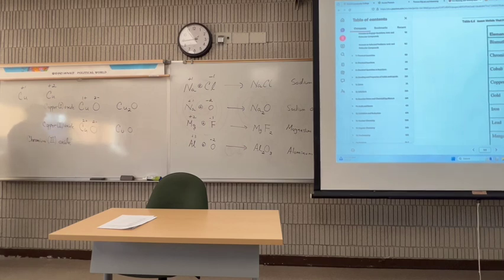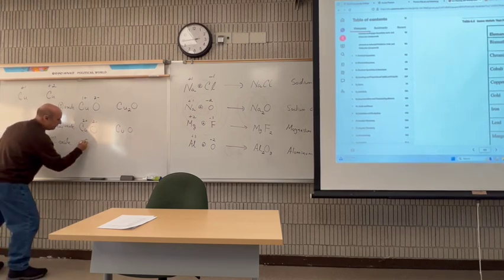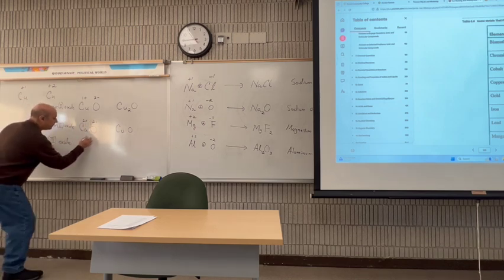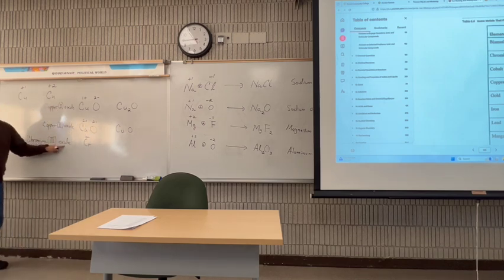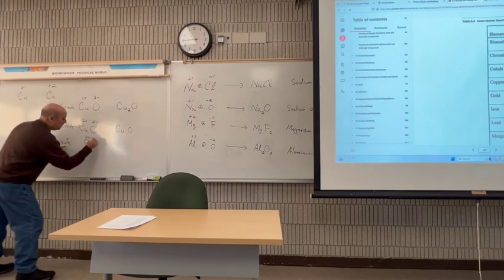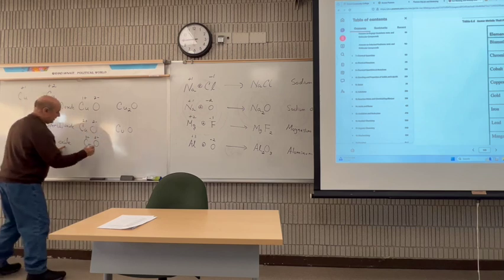Well, let's do it together. Symbol for the first one, Cr. Just look at the periodic table. The charge on that first one, 3+. Oxide is always 2-. Now we crisscross.